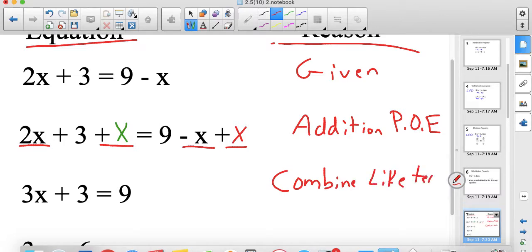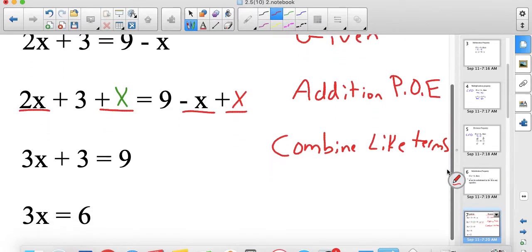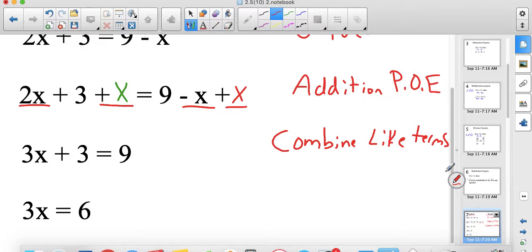We talked about how that is combining like terms. From now on, anytime you move it over, we can combine those two steps. When you tell me you're going to use that addition property of inequality, we are going to combine the terms when we take it over, such as in this next step. Next step to solve our equation, what do we need to do? Well, we're going to subtract 3 from each side, giving us 3x equals 6.